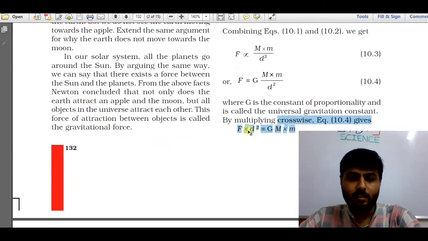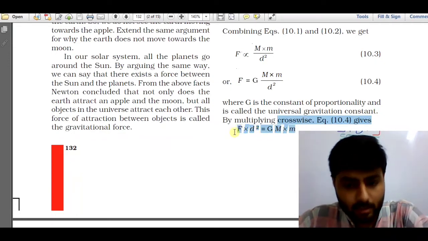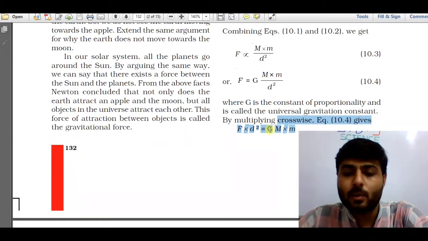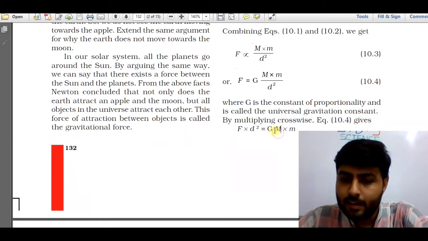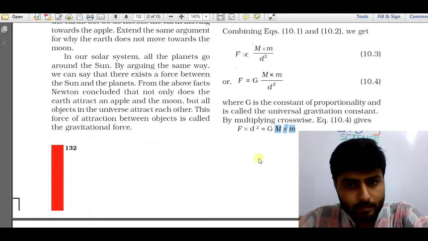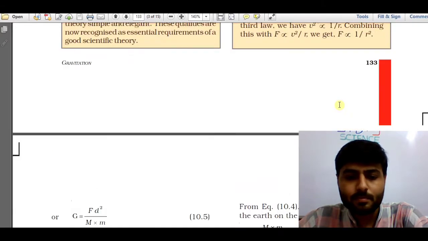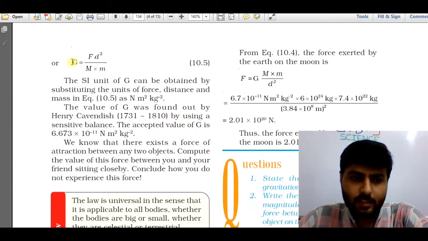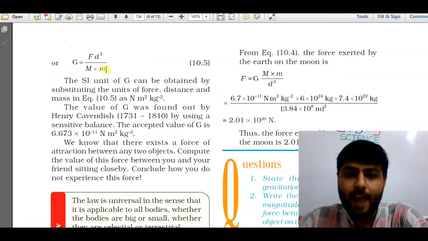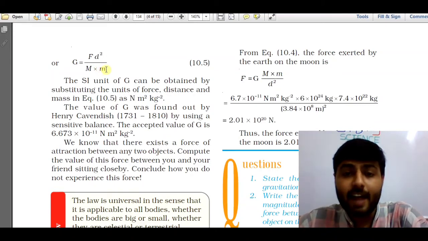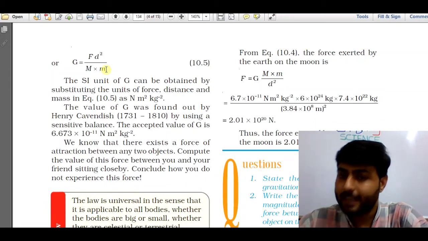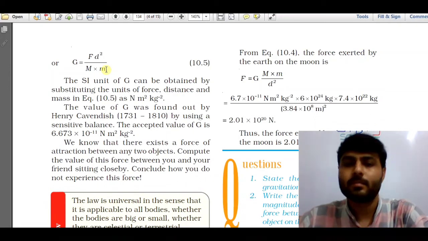Now we put small m and capital M in the denominator of F d square. So now we have this equation 10.5, that is G is equal to F d square divided by capital M multiplied by small m.